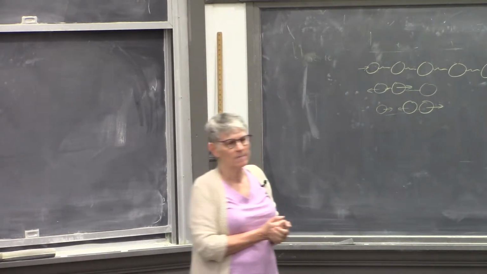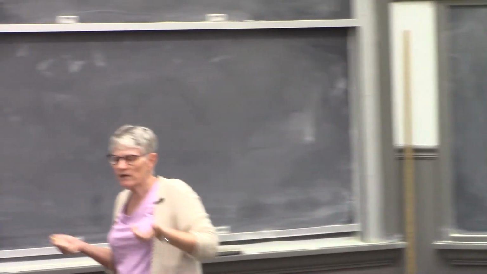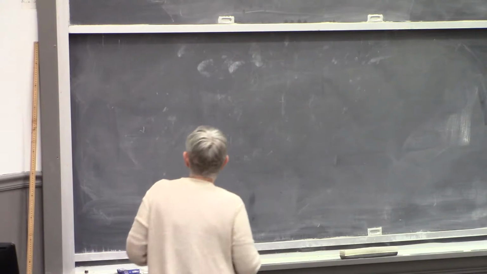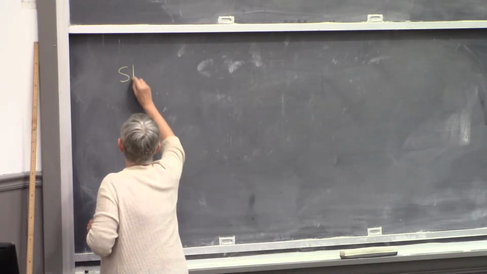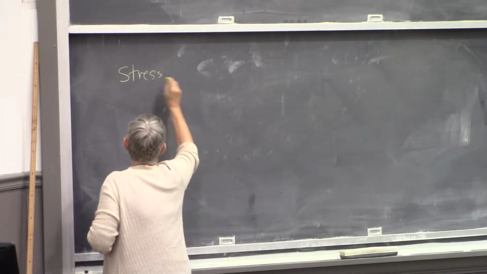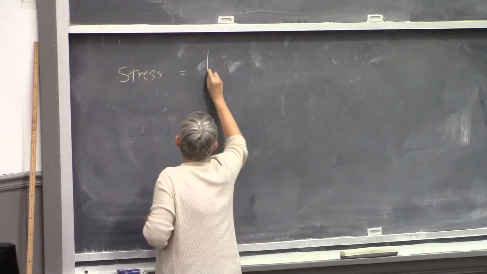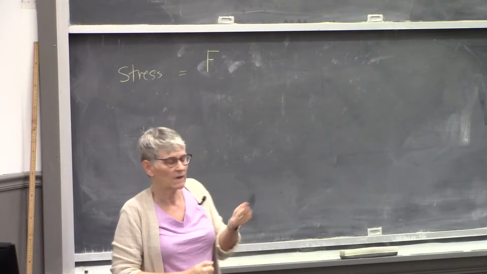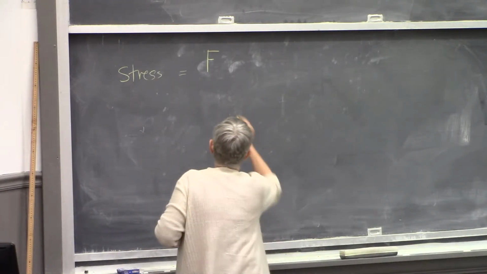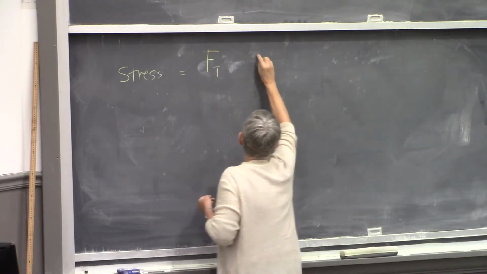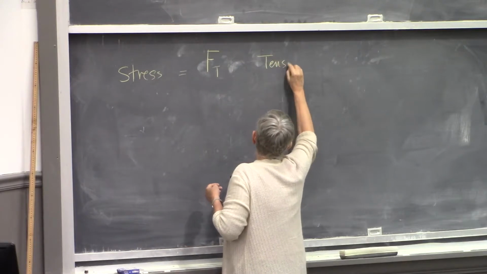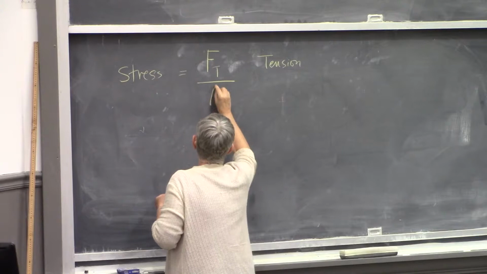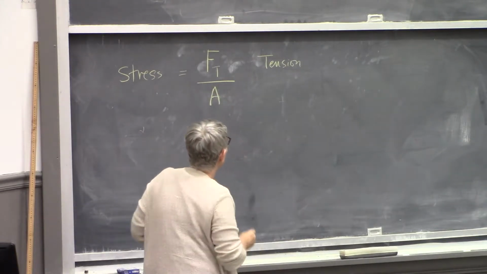So we need to get rid of this, and so the stress is defined as the force acting on the wire, which we call a tension force, divided by the cross-sectional area of the wire.